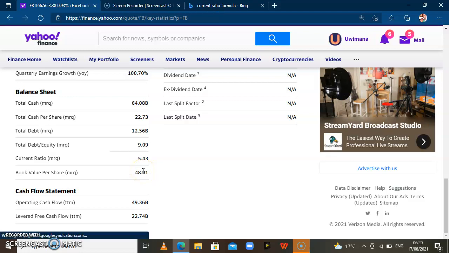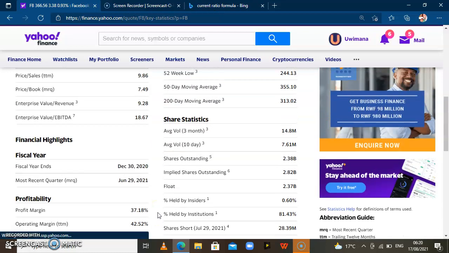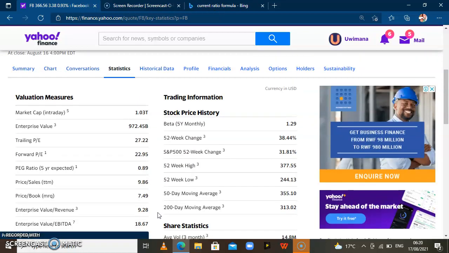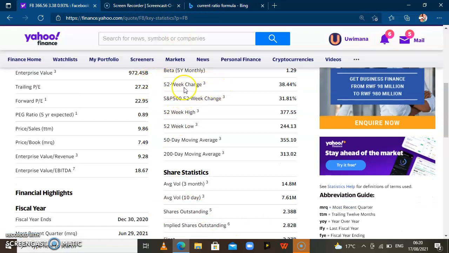And book value per share is basically the whole thing we've seen before. We've seen the book value and the enterprise value, so nothing large. With the cash flow, they show us operating cash flow and leverage cash flow. We'll come to this later. As you can see, we look at the stock prices and how they've been moving in the 52 weeks.